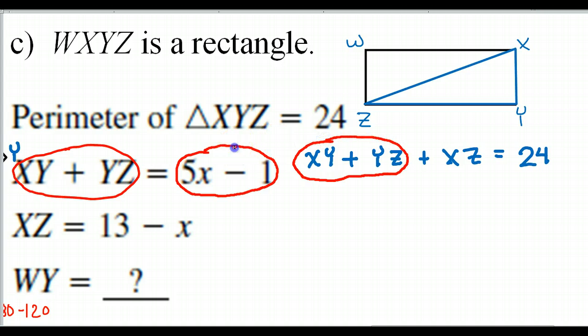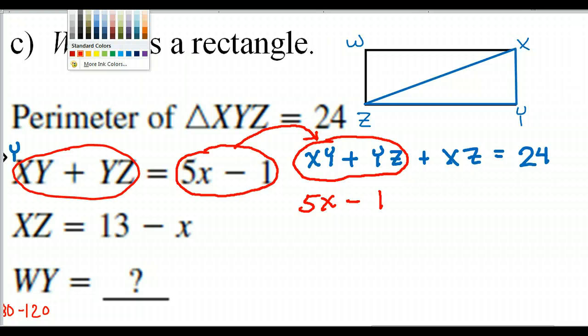So according to the problem, that's equivalent to 5x minus 1. So I can replace XY plus YZ with 5x minus 1, because XY plus YZ equals 5x minus 1. So I'm going to go ahead and make that substitution and write 5x minus 1 in place of this.